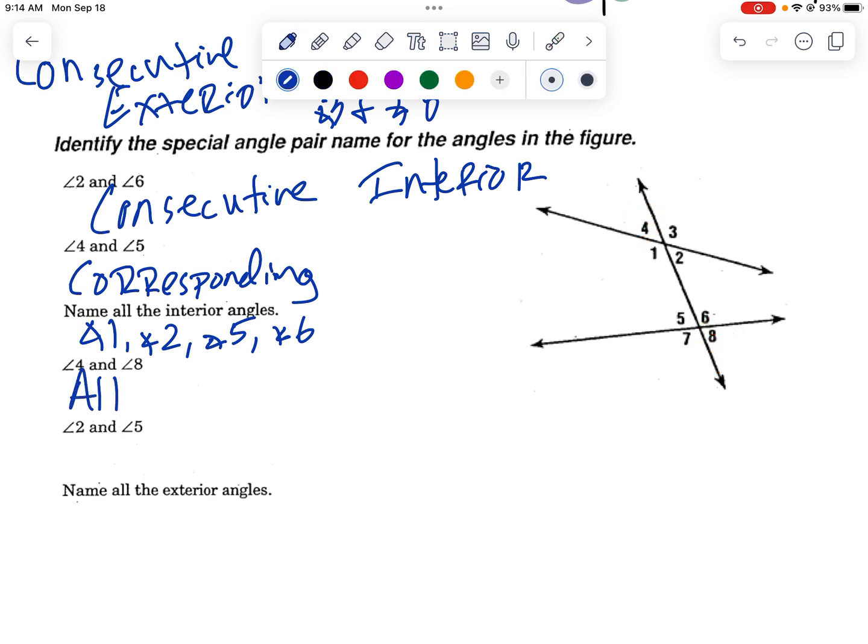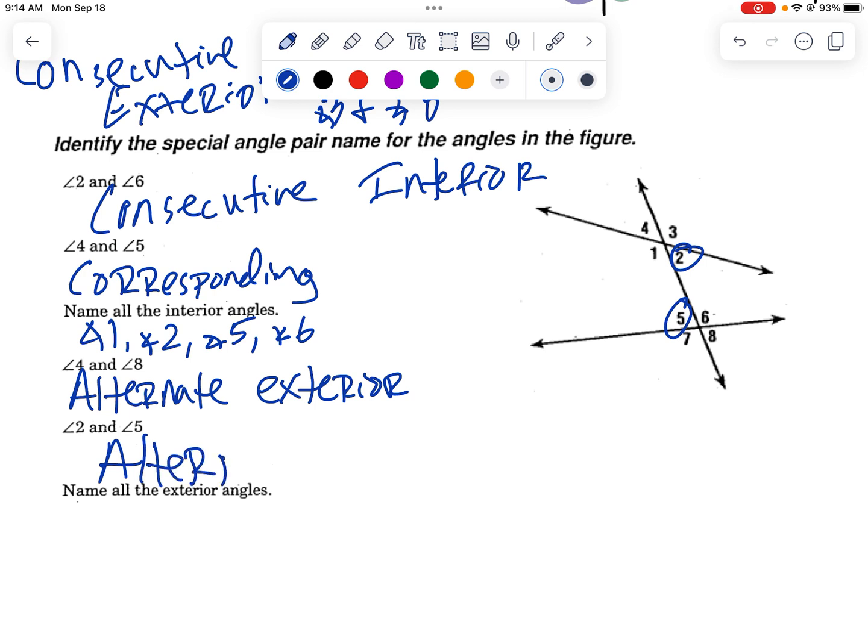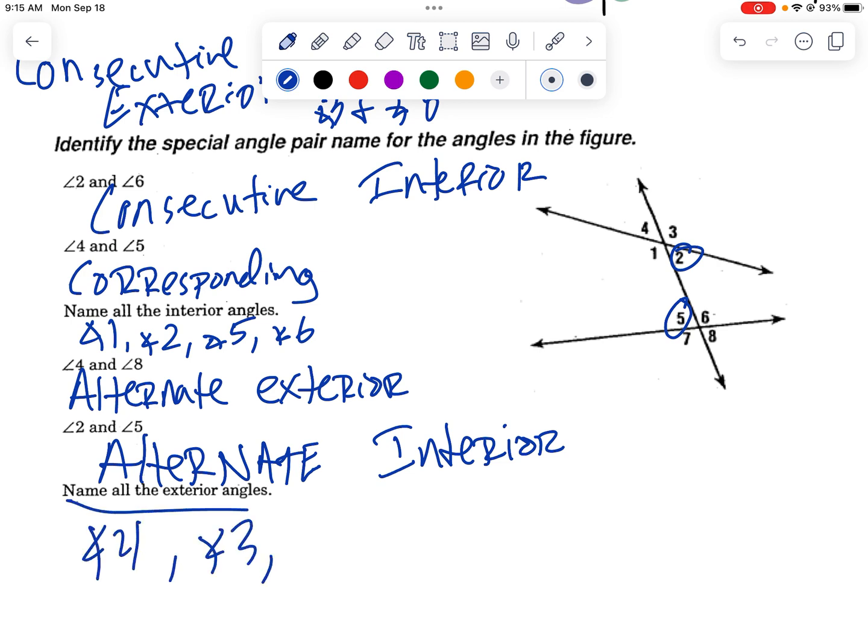So these are alternate exterior. 2 and 5: interior, alternate. Last one, name all exterior angles. Angle 4, angle 3, angle 7, angle 8 on the outside.